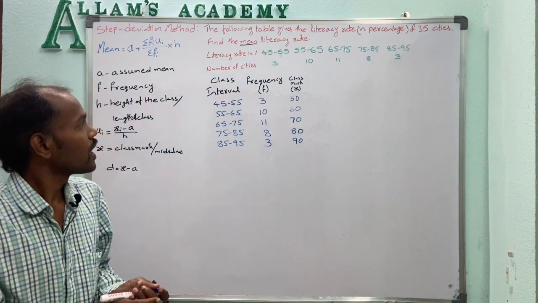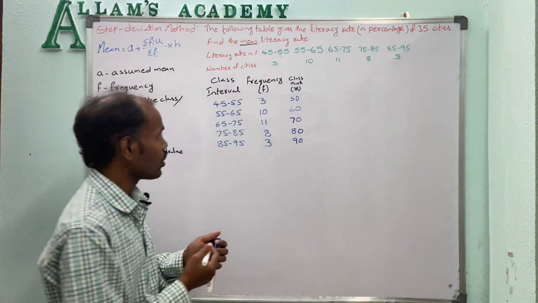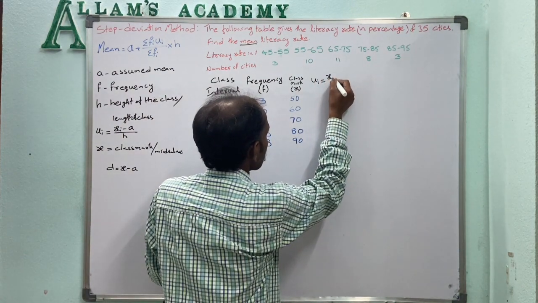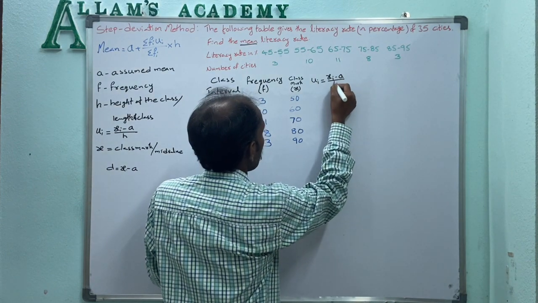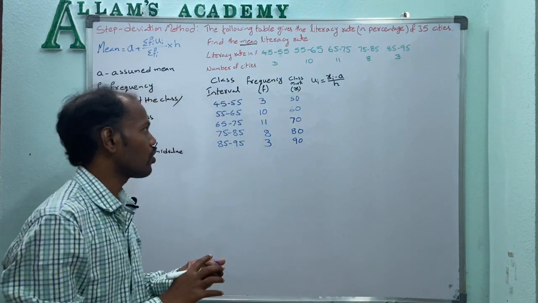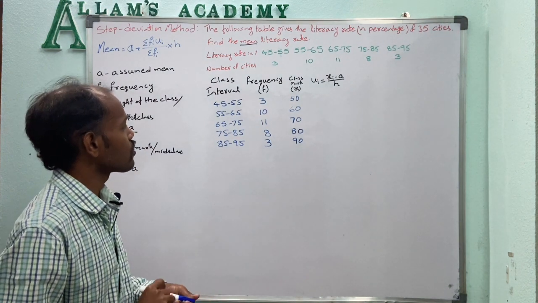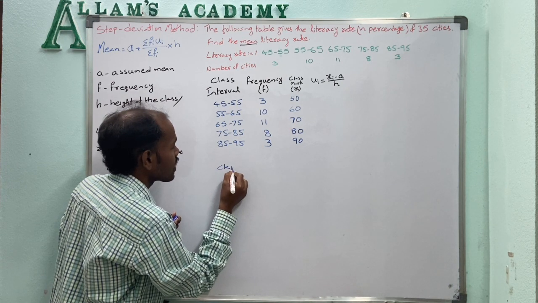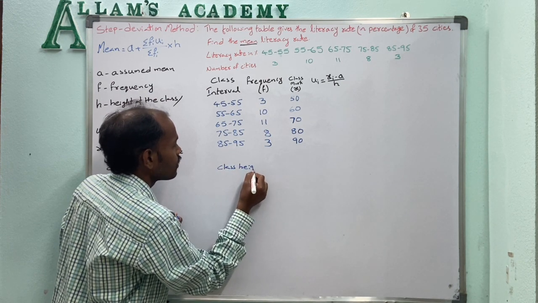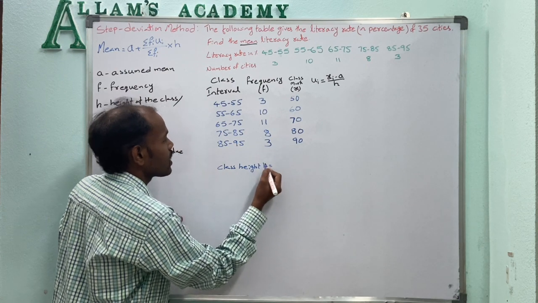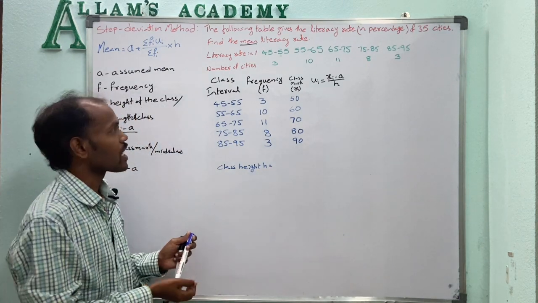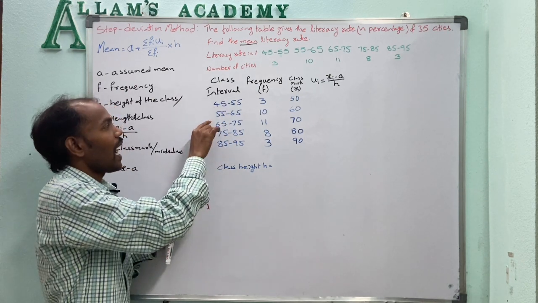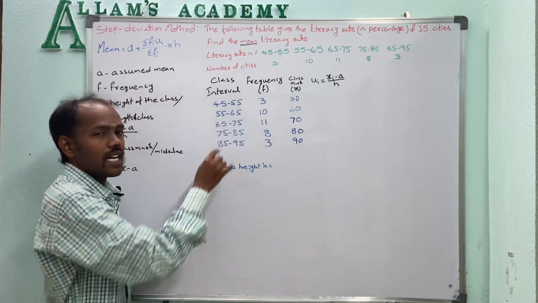So next we have to find ui. The ui value is xi minus a by h. So here we have to know the h value. h means class height, or length of the class, equal to the difference between any two sequential class intervals, either lower limits or upper limits.